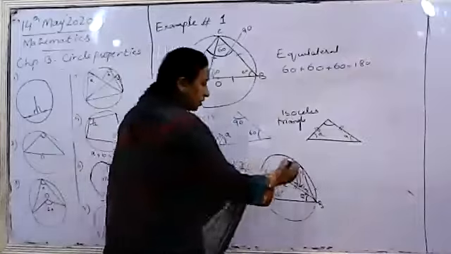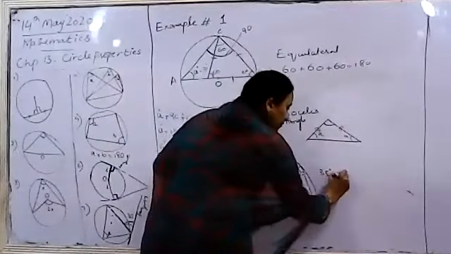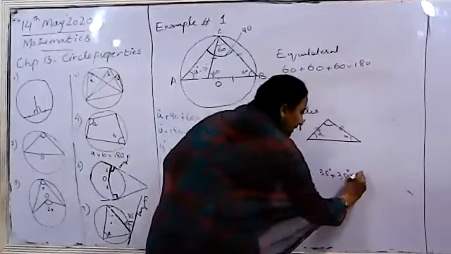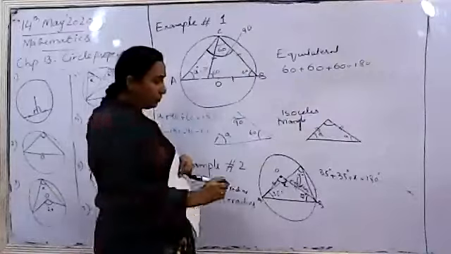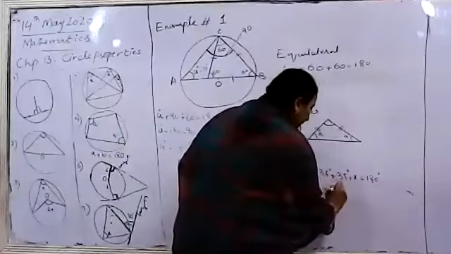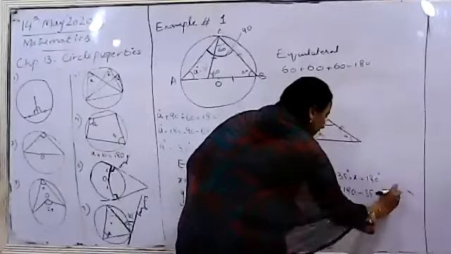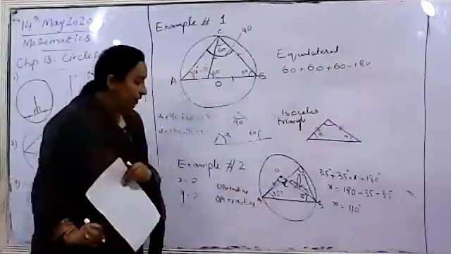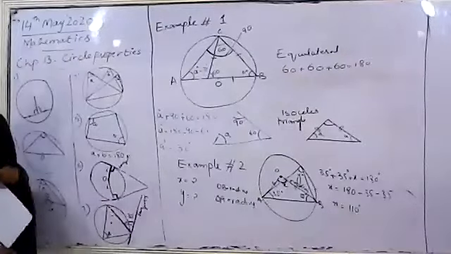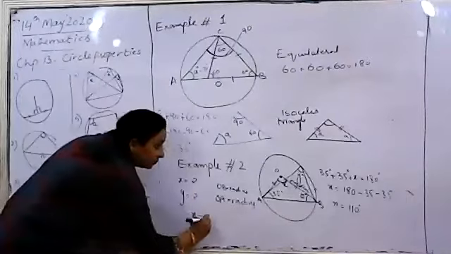Now I'll make an equation over here: 35 degrees plus 35 plus x adds up to 180 degrees. What would be my x? x equals 180 minus 35 minus 35, and x equals 110. So I found the angle x, and I can tell you that the center angle x is going to be 110.